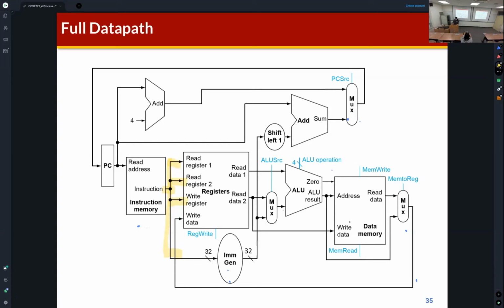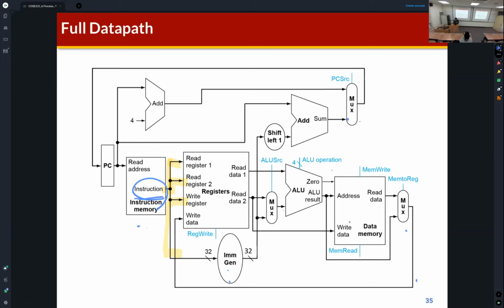For example, if you see the data connections between instruction memory and register file, then you can find that we can read instructions from instruction memory. So this is the output of instruction memory, so instructions, and then how is this instruction delivered to other components?